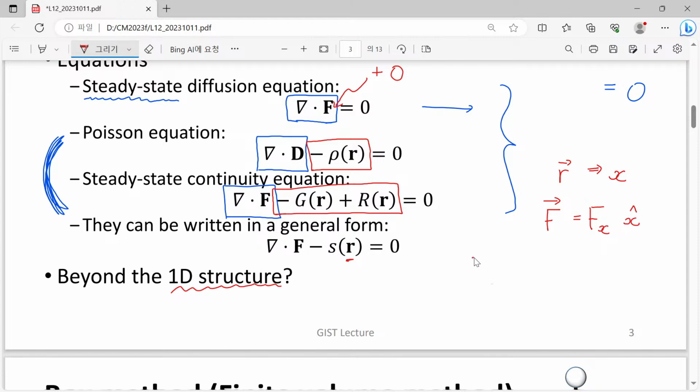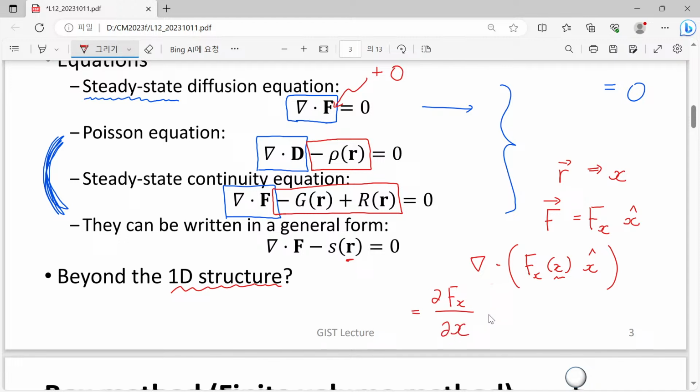So when you take this fx, which of course depends only on x, that gives you just the partial derivative of fx with respect to x.